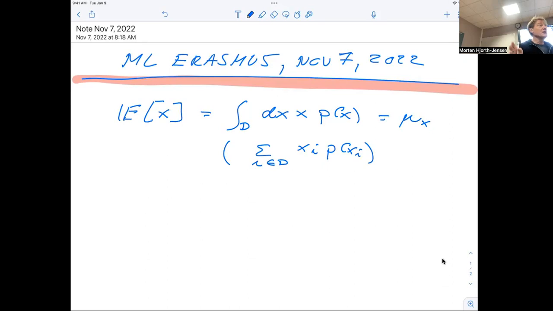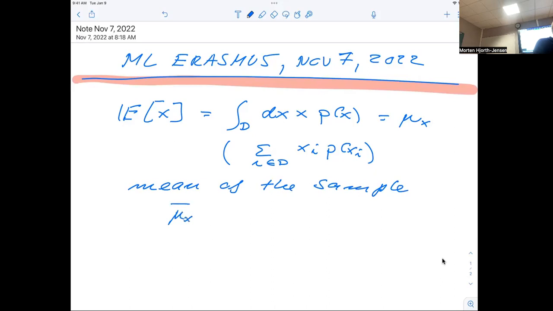When you run a machine learning calculation, you are less interested in the probability distribution. What we calculate is the sample mean of the sample of data. We calculate mu_x, which is simply 1 over n times the sum over all the events we have, of x_i.